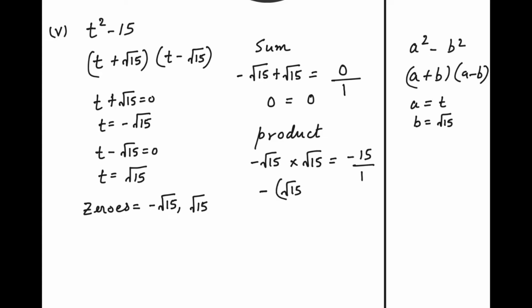Let's put a bracket here, and then this would become square root of 15, and here we have minus 15. So now square root of 15 into square root of 15 would become 15. So we'll have minus 15 here, and on the right hand side also I have minus 15. So this way we have proved the relationship between the coefficients and the zeros.